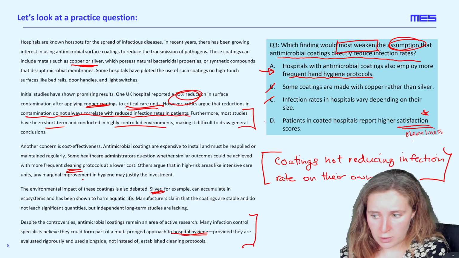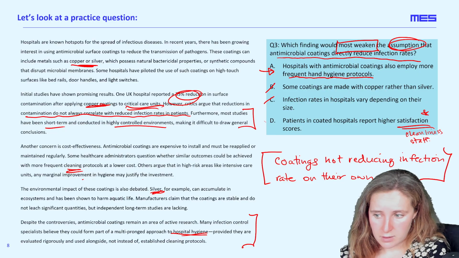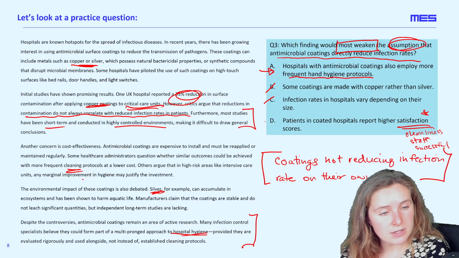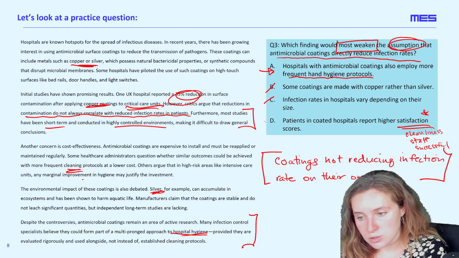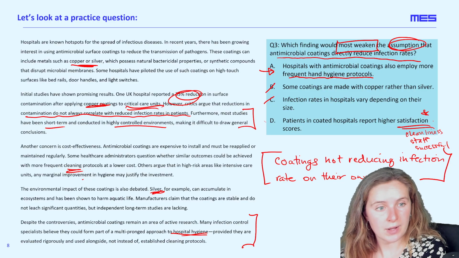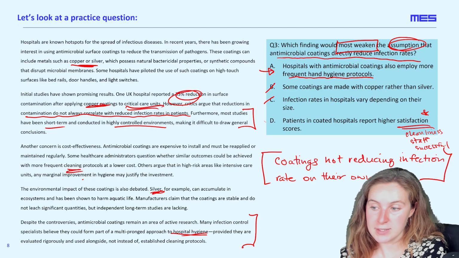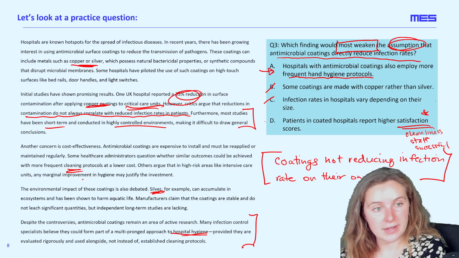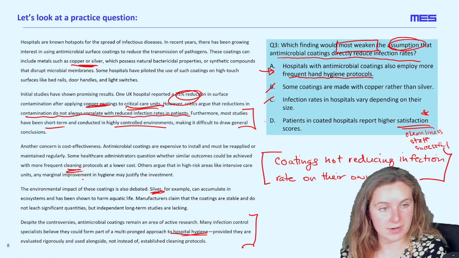Are they to do with the hospital staff? Are they to do with the success rate for surgery? We don't know, right? So this is, again, too vague to get us straight to the fact that it directly reduces infection rates. We don't have enough information to conclude that because they have a high satisfaction score, they will and have reduced infection rates.